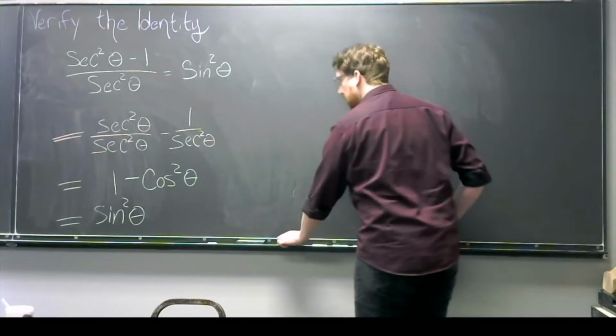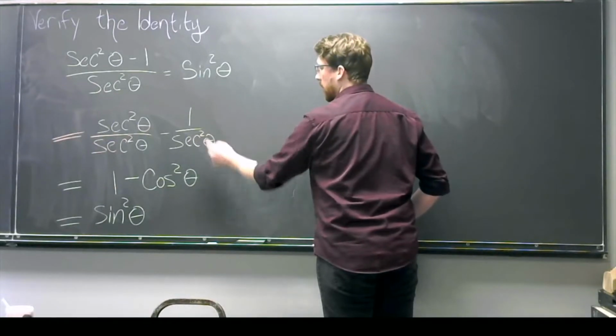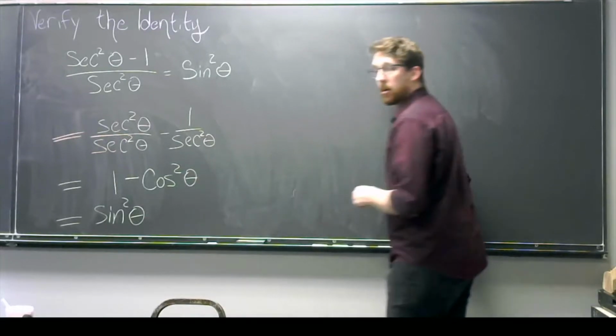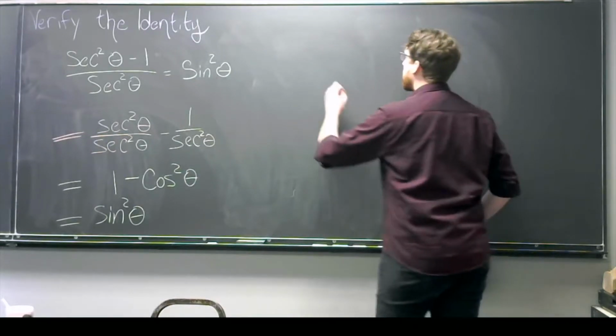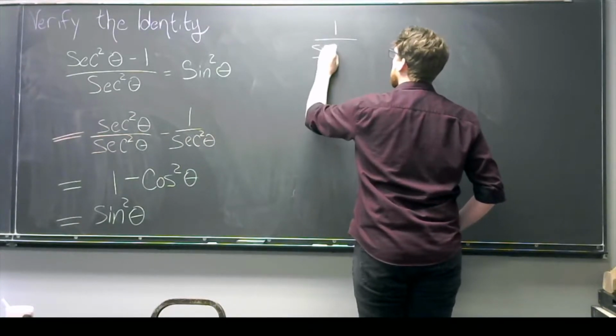Now I assume some of y'all might be looking at this, wondering how I went from 1 over secant squared theta to cosine squared. The way I did that was by rewriting secant squared.